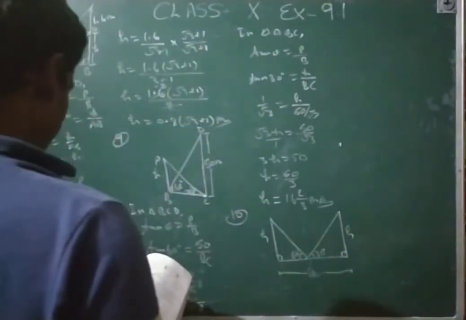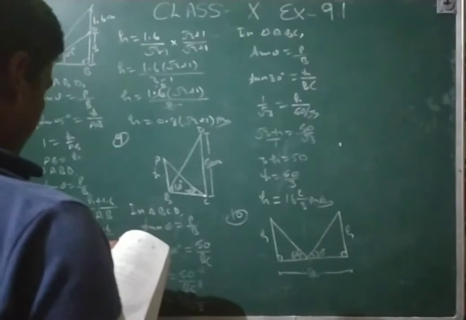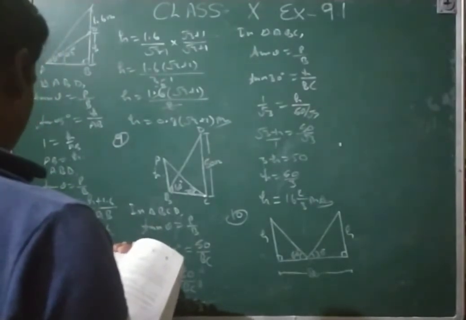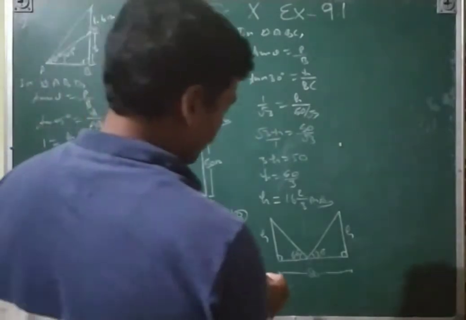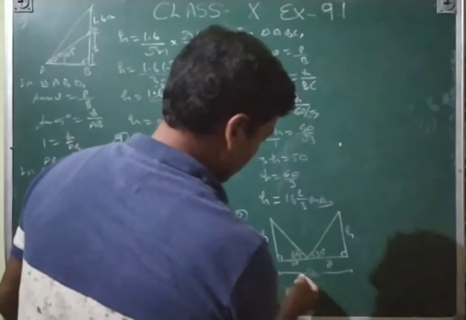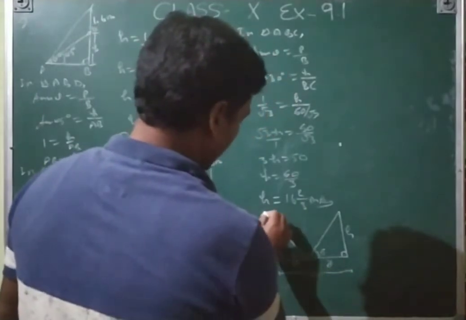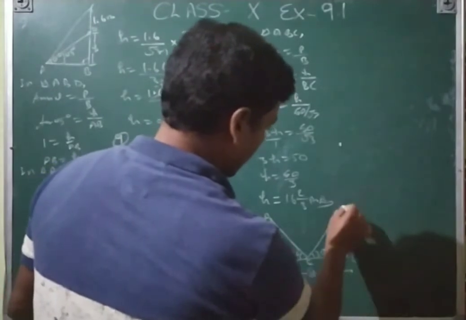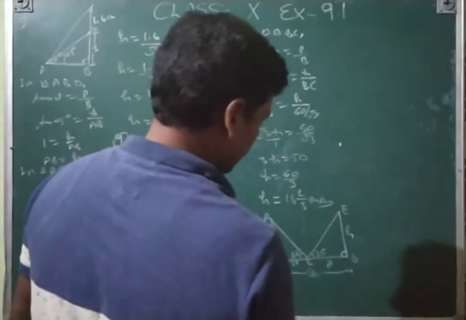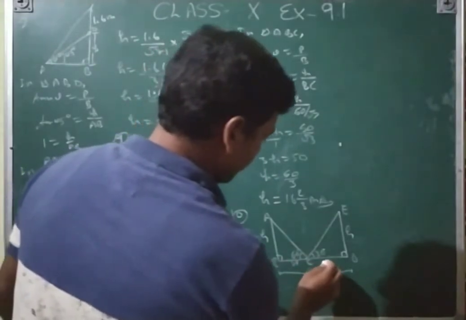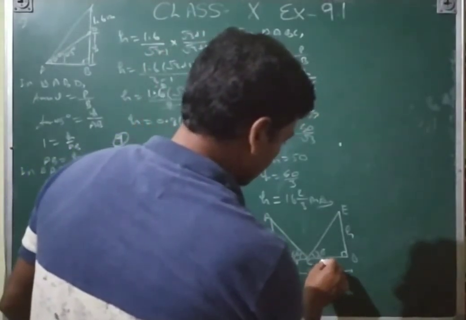Find the height of the pole and the distance of the point from the poles. So we need to find this one also. So we can write here x, y. So that will be A, B, C, D, E. Suppose this is the x, so the remaining will be 80 minus x.